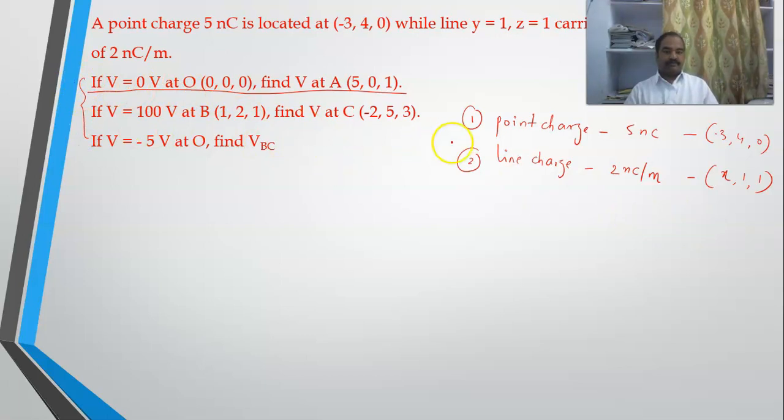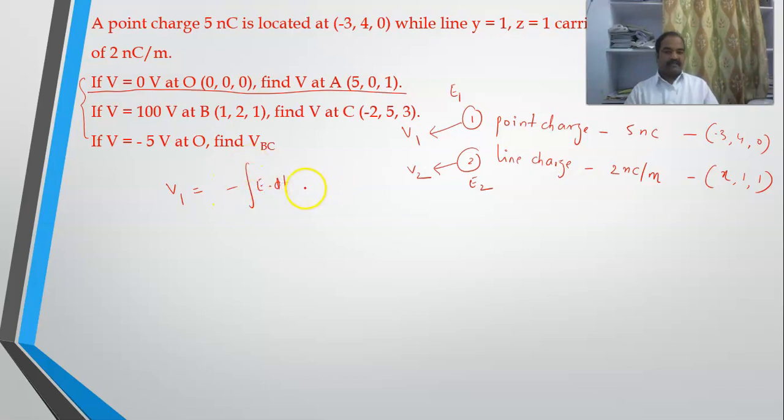So let me start with this one, assuming that the potential created by this one is V1, and the potential created by this one is V2. And the field which is created by this one is E1, and the field created by this one is E2. Now because of a point charge, you know the value of the potential which is created by the point charge. We have already done it in the earlier classes. What is V1? If you want, you can do it as minus integral E dot dl.